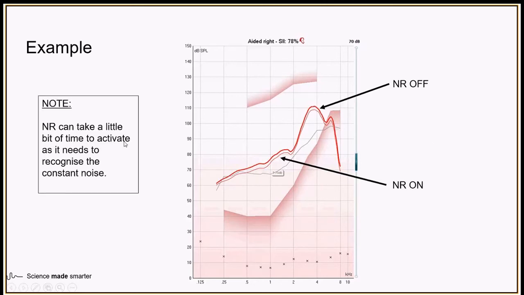It can take a little bit of time to activate the noise reduction feature because the hearing aid needs to identify or even look at the incoming signal. So they're very clever in identifying what is noise and what is speech. You can do this in a few different ways, but specifically it's looking at the spectral and the tempo, the speed analysis of the incoming signal.